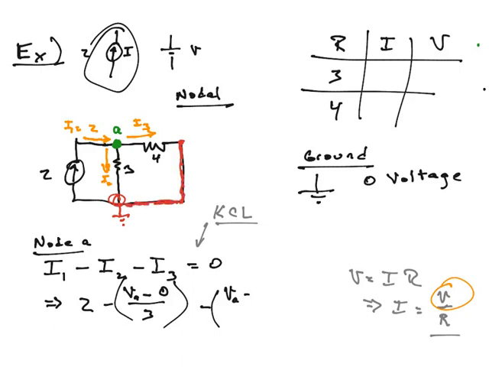This is all the ground, all of it. So the voltage on the right side is ground, so it too is 0. So again, I have VA minus 0 divided by the resistor. For I3, the resistor is 4. And so now I'm done with I3. And now I set it equal to 0.